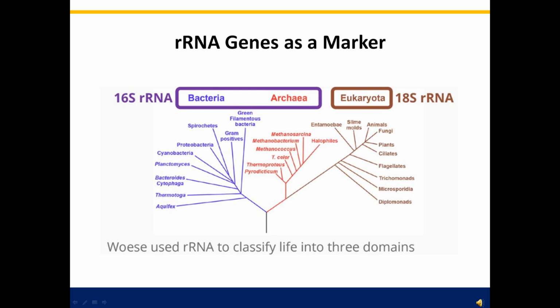This is a phylogenetic representation of these three kingdoms of life, where we can identify bacterial and archaeal species by using their 16S rRNA genes, while eukaryotes can be identified by using their 18S rRNA sequencing. This classification of life into three domains was first done by using RNA sequences, by Woese.